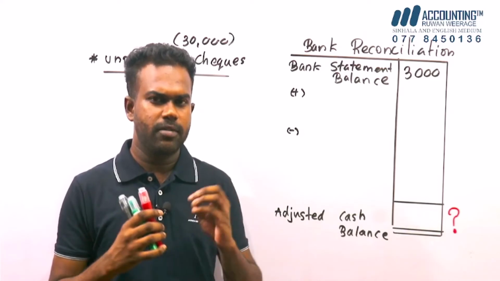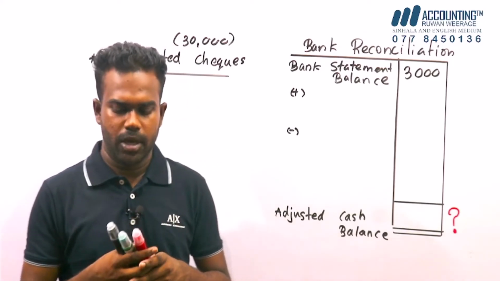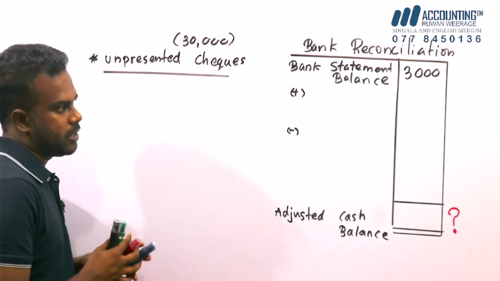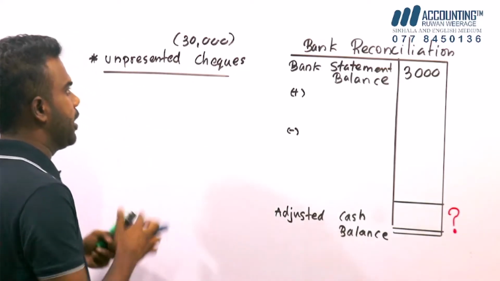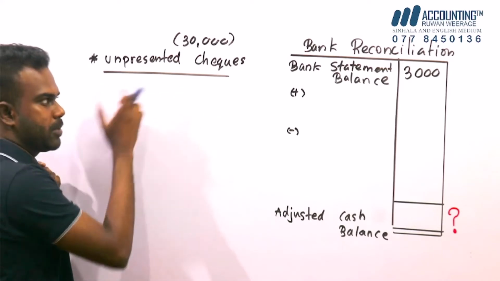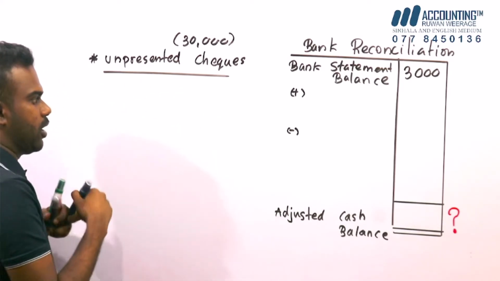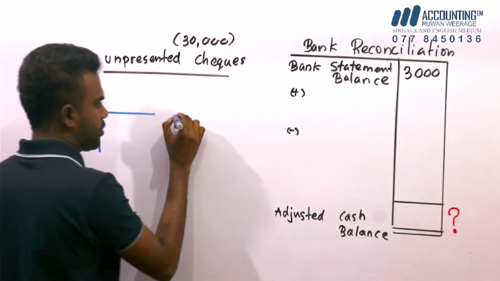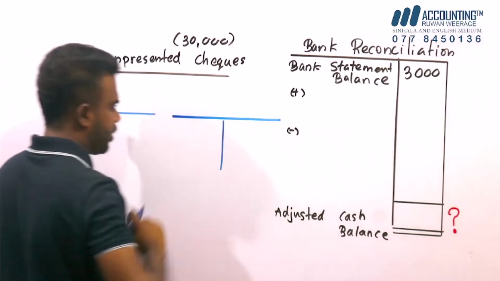Let's see the logic behind this transaction. I will draw and write down some working to identify the differences because of this reason.